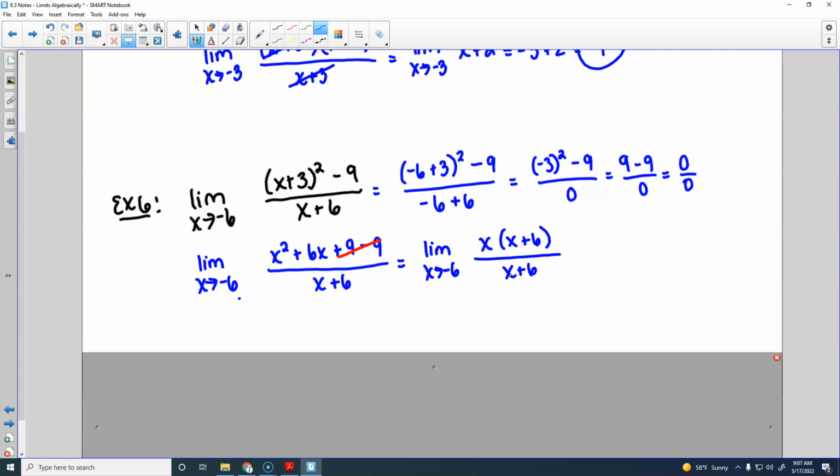And so now that things are factored, those x plus 6's can cancel. We will just have the limit as x approaches -6 of x, which if we just plug in our -6, we're just going to get -6. There's our answer.